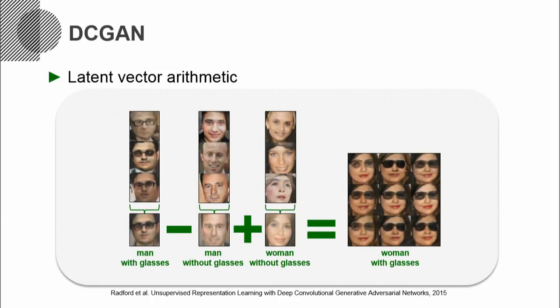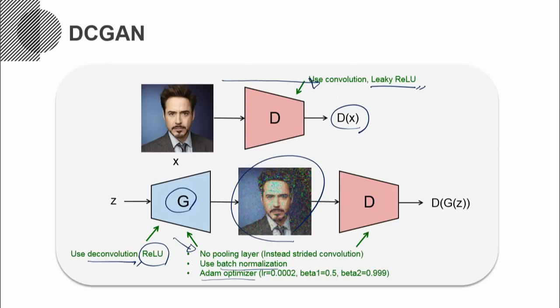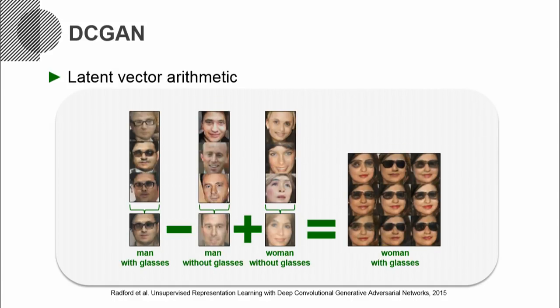And by using this DCGAN, we can do some interesting arithmetic operations. Let's imagine some latent vector which corresponds to this 100-dimensional vector z, and let's imagine some vector that generated an image corresponding to a man wearing glasses, and also suppose another vector z corresponding to a man without glasses, and then let's consider another latent vector z corresponding to a woman without glasses.